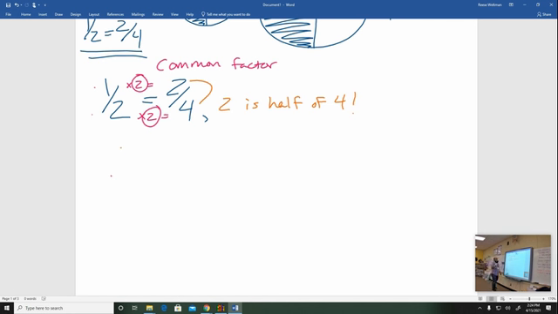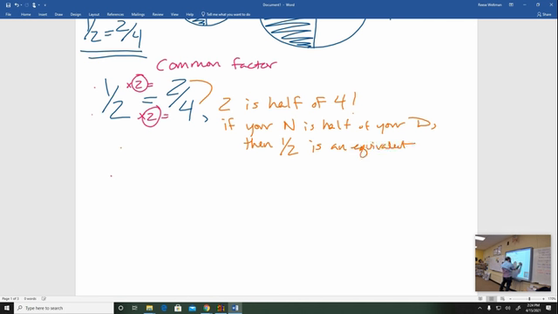So if your numerator, I'm going to put n, is half of your denominator, then 1/2 is an equivalent fraction. Okay?